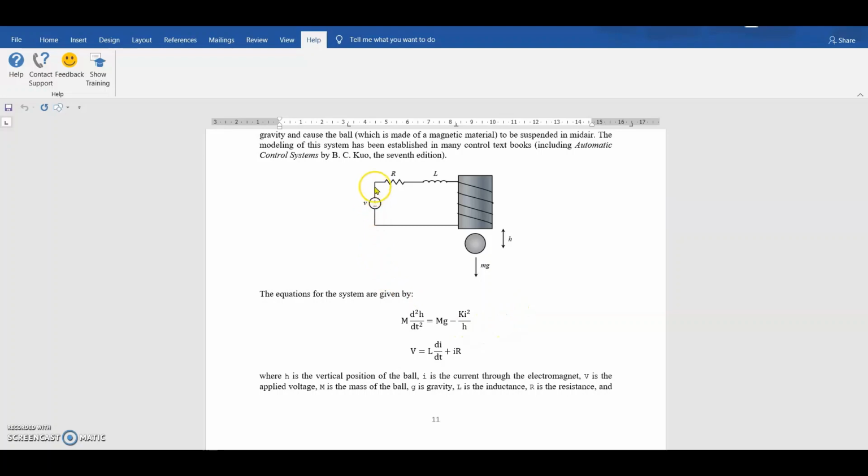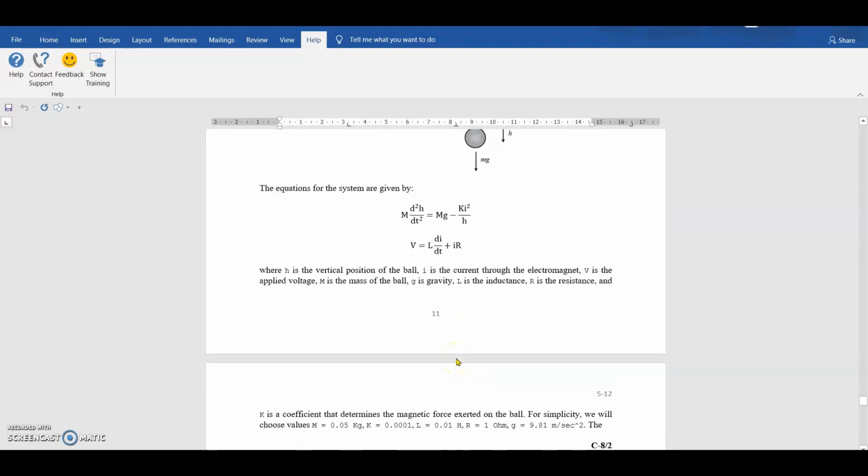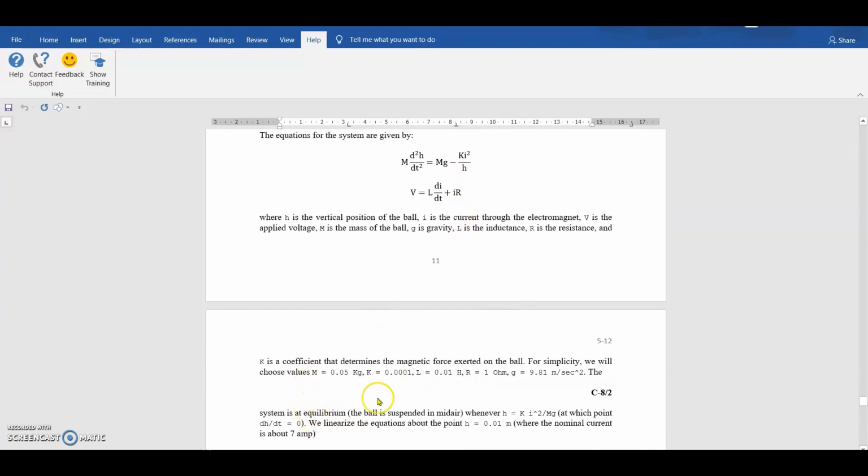And then the second equation is that of the electrical circuit. As you can see, V is equal to iR plus L di by dt. Now these values are taken. m is equal to 0.05 kilograms. K here is the constant of this attractive force, which is equal to 0.0001.